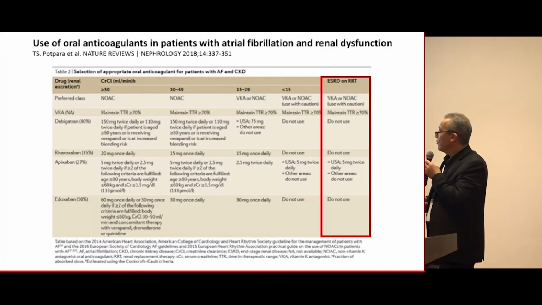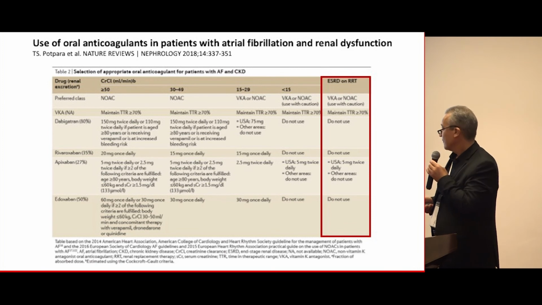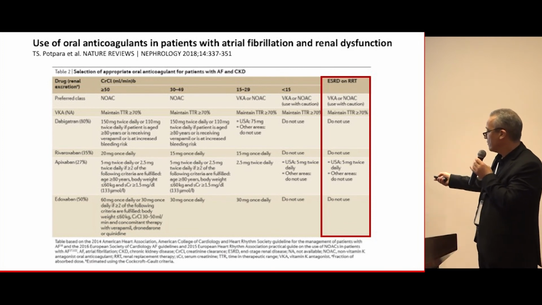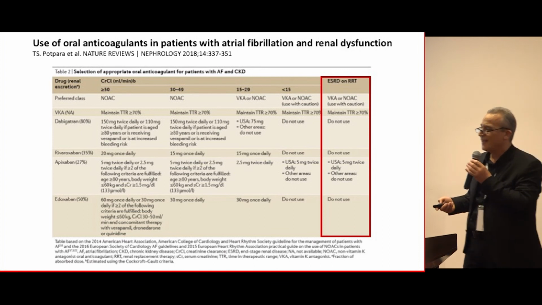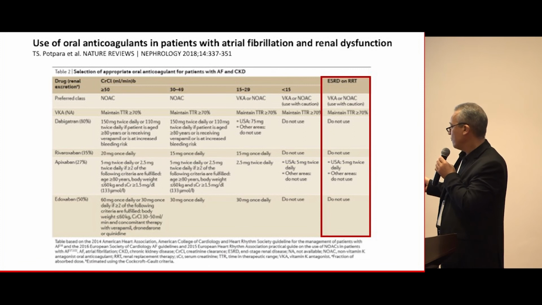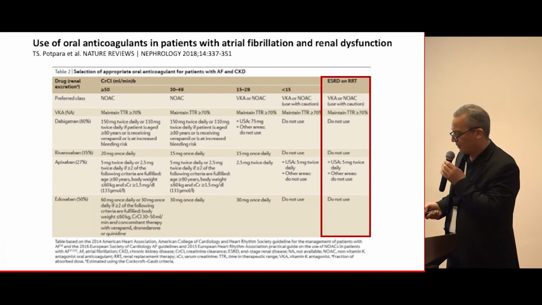What about the new oral anticoagulants? When we look at dialysis, they are not to be used, so we can't use these medications in our patients. However, in the USA, it is possible to use apixaban.